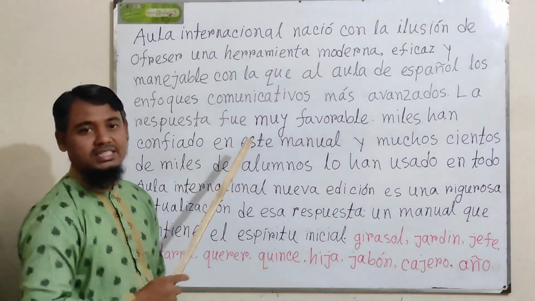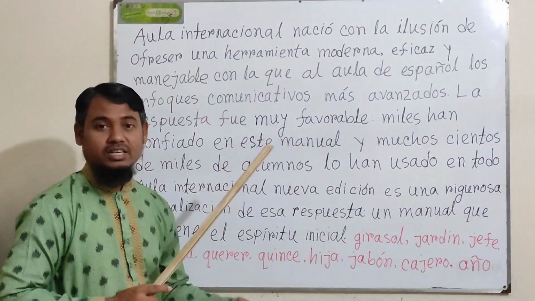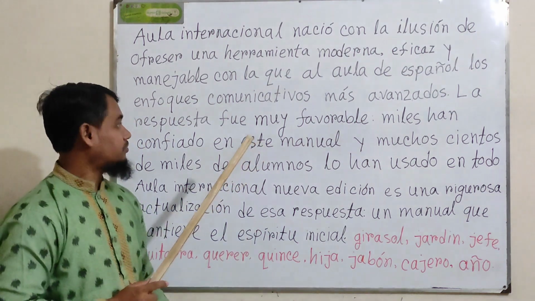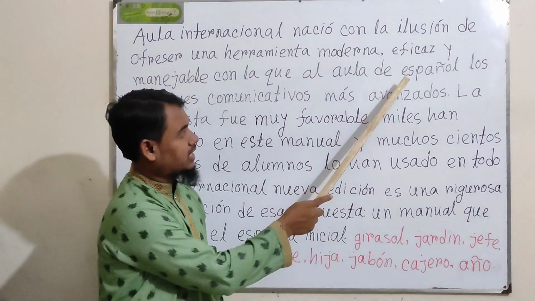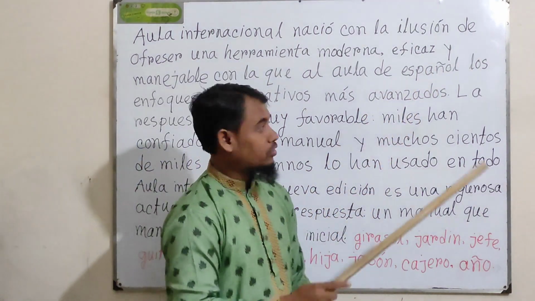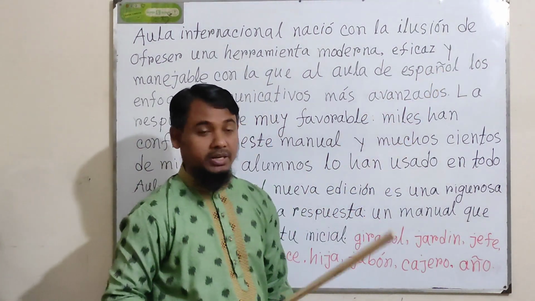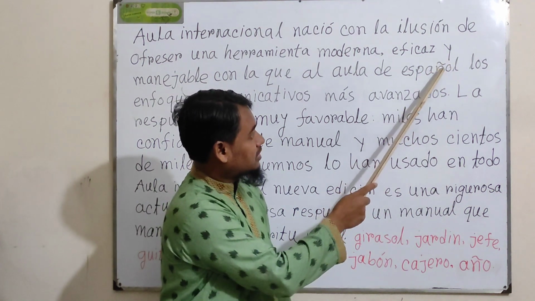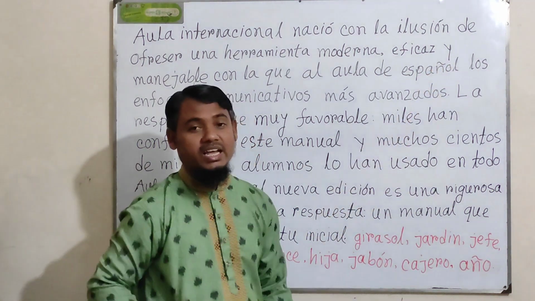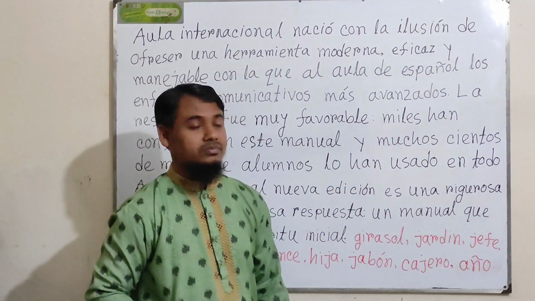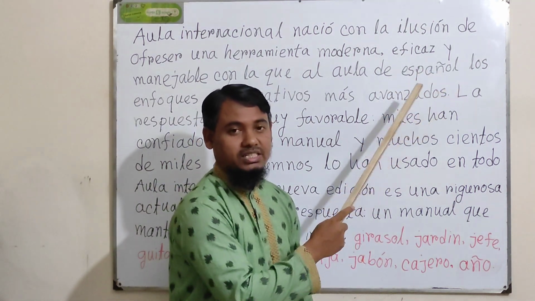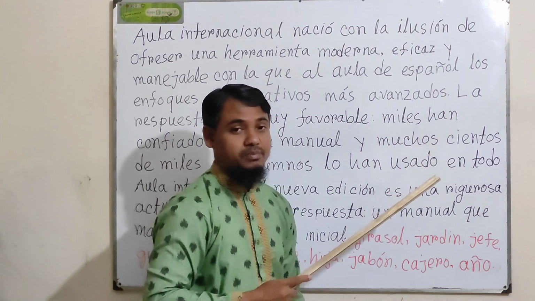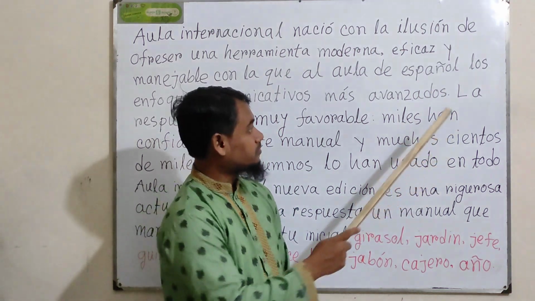Q U A is K. Already I have shown you in the previous part. Que al aula de español, not español, because this letter name is eñe. So it is español.